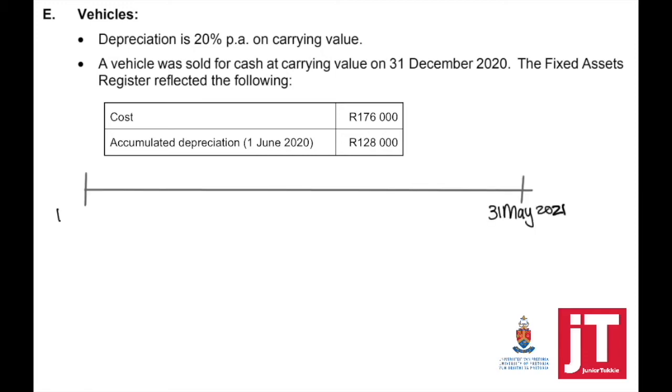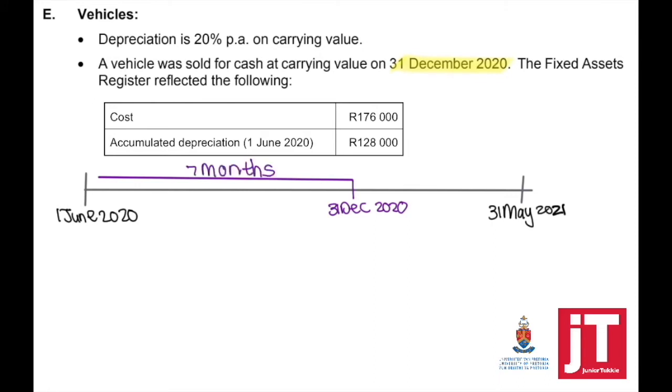So when calculating depreciation on the asset which we disposed of, it's always from the beginning of the accounting period until the day that we have sold it. So we've sold it on the 31st of December 2020. This means depreciation must be calculated for 7 months.